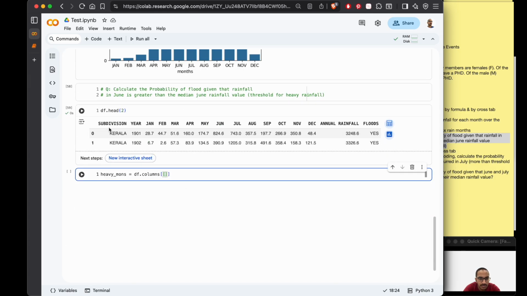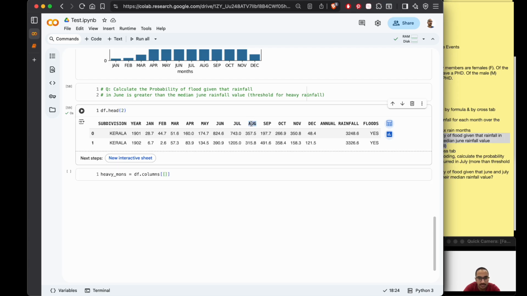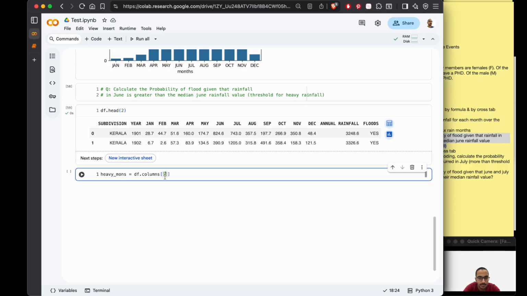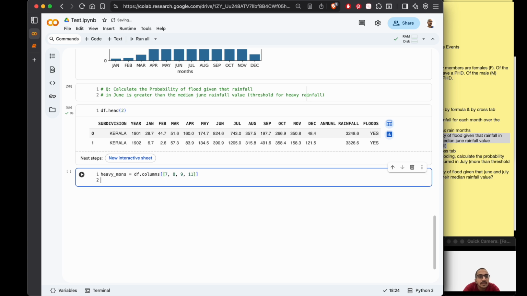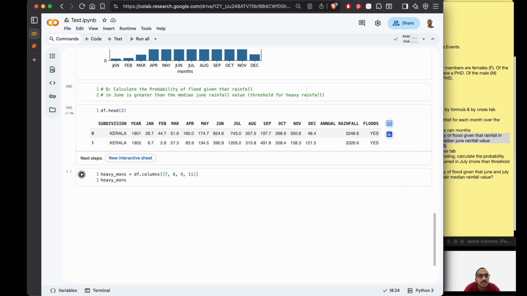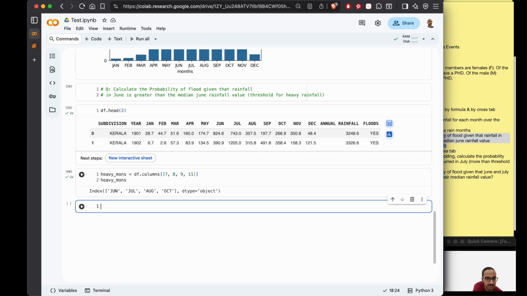So June is 0, 1, 2, 3, 4, 5, 6, 7. So index 7, index 8, index 9 and index 11. Wait, yeah, 7, 8, 9 and 11. So let's see if we have our months. There you go, there are our months. These are the months with heaviest rains.